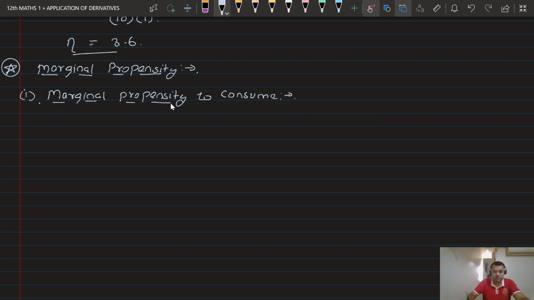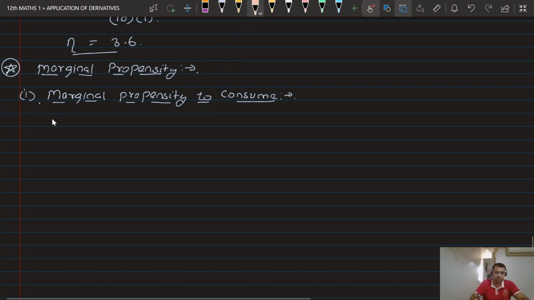If suppose you are earning 100 rupees a month, out of 100 rupees, how much part is getting consumed by you for your essential activities, and how much part is getting saved by you for your future purpose? So these are the two things that we have to see over here. So let us see how we get this.